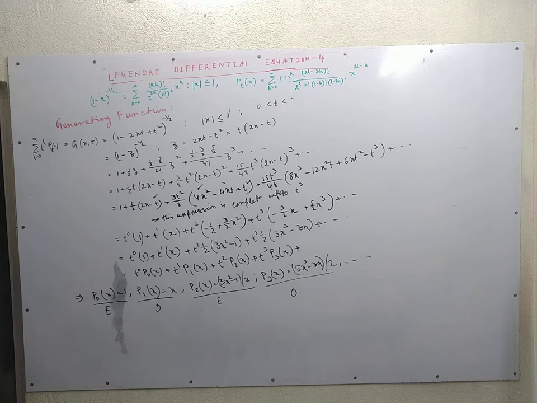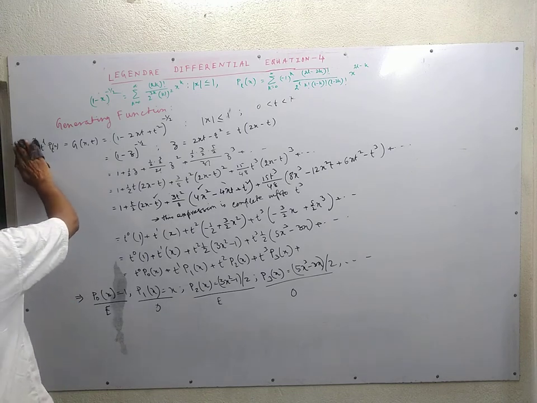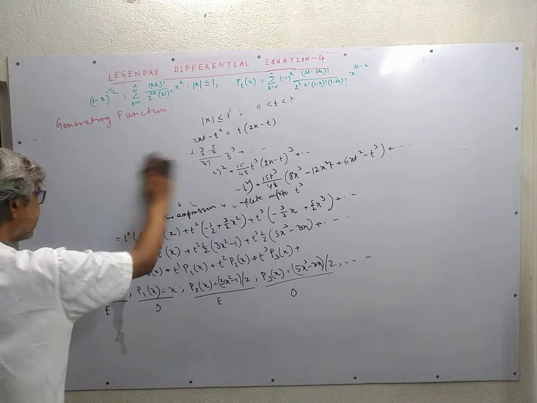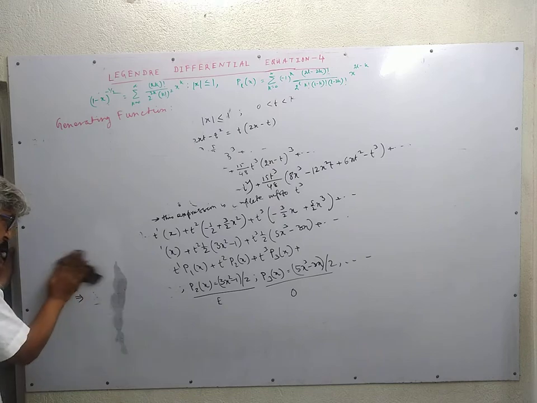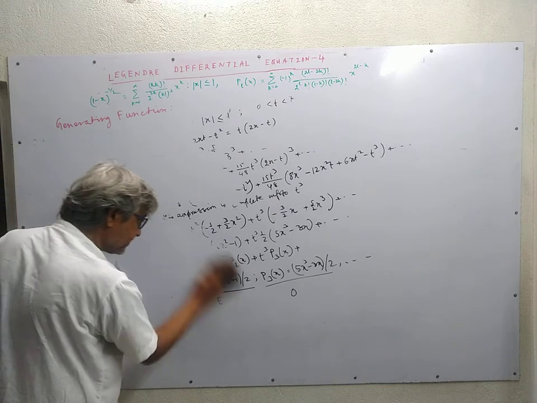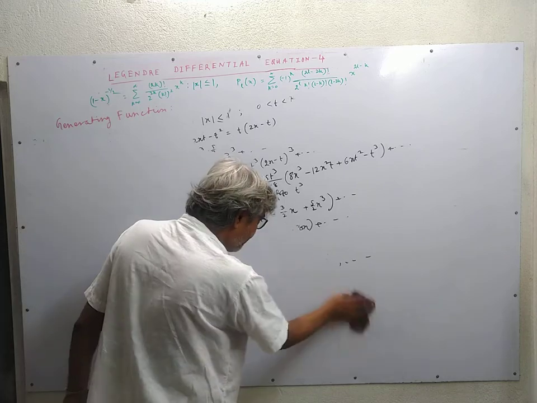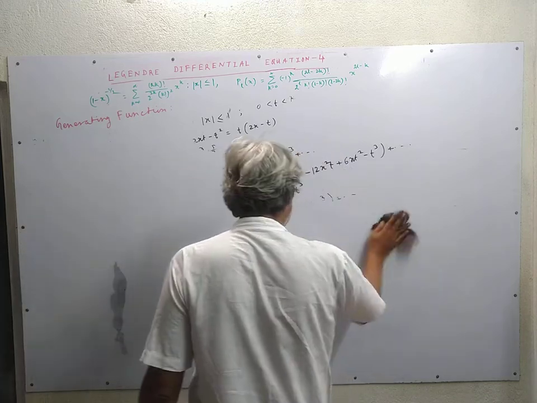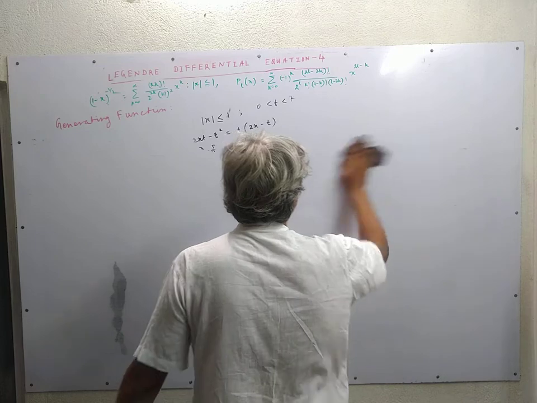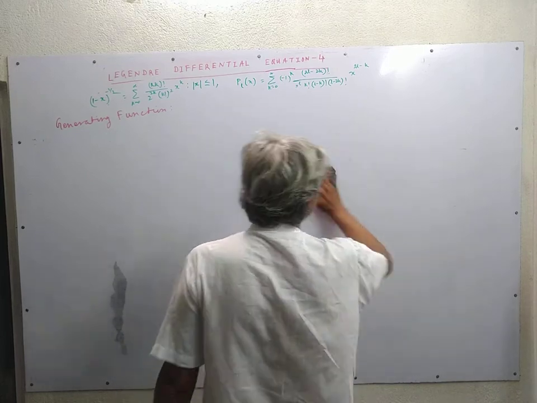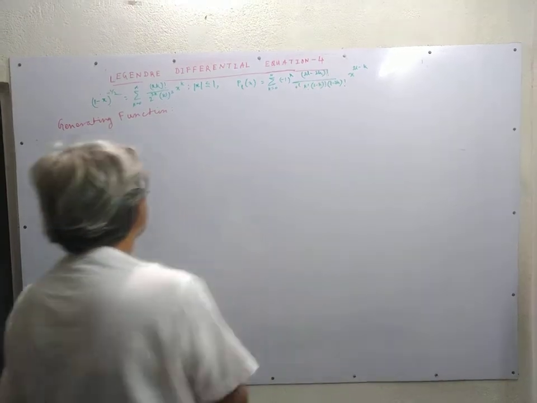The generating function is also useful in getting the recurrence relation. Earlier we have obtained recurrence relation in terms of the coefficient ck, which is used in the expansion of power series. There is another recurrence relation that connects the Legendre polynomial of a given order to its neighboring order.